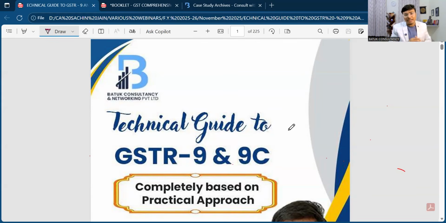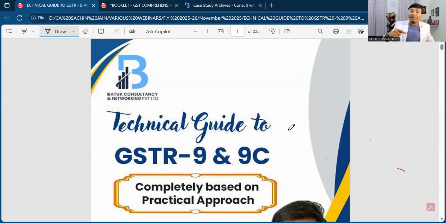Whenever there is litigation, the departmental authority will first ask for the form GSTR 9 and 9C. And if they raise any issue in your GSTR 9 and 9C, they will impose a general penalty of 50,000 rupees. Sir, that general penalty is just an indication that there are certain internal defaults.